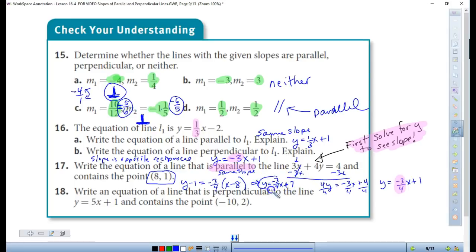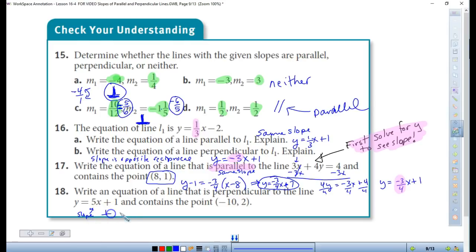You can be doing these on separate paper where you have a little bit more room, and just make sure it turned out like that after you distributed and added your 1 to both sides. Write an equation of a line that's perpendicular to this line. Okay, so there's the slope, but we need perpendicular.